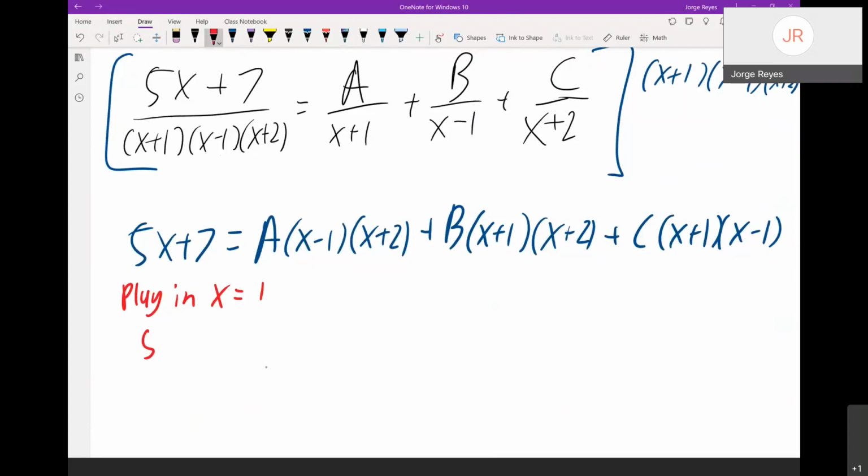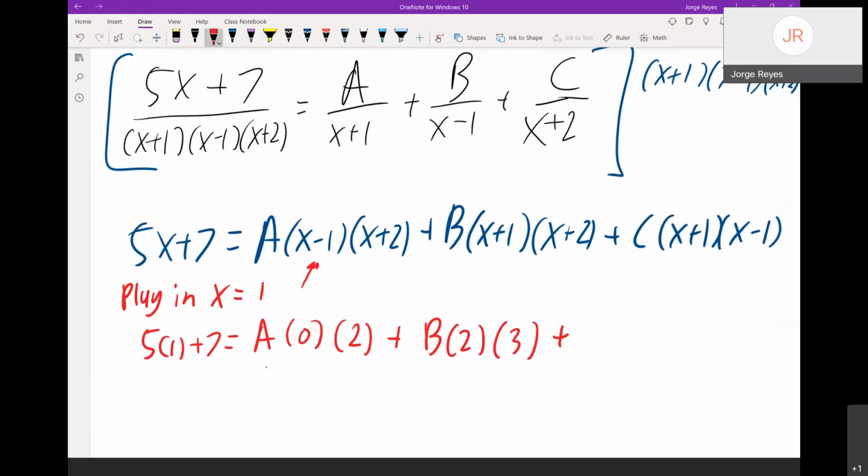I'm going to get 5 times 1 plus 7. But what happens here? That's 0. And here I'm going to get 2, because 1 plus 1 is 2, and then 1 plus 2 is 3. But over here, very specifically, I'm going to get 2 times 0.